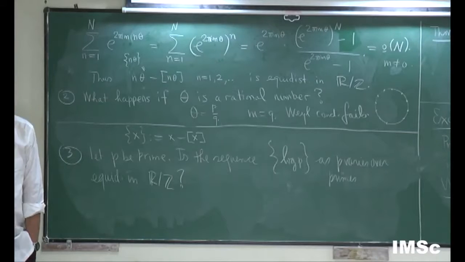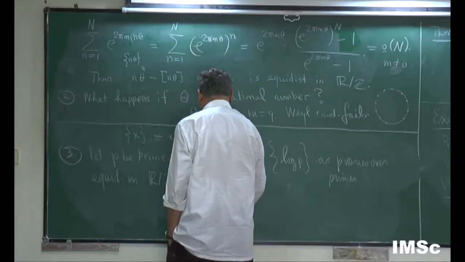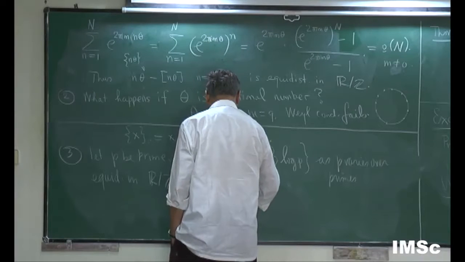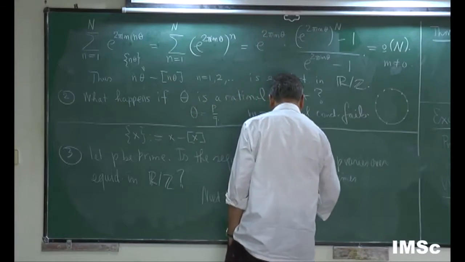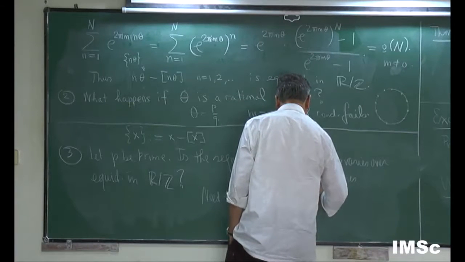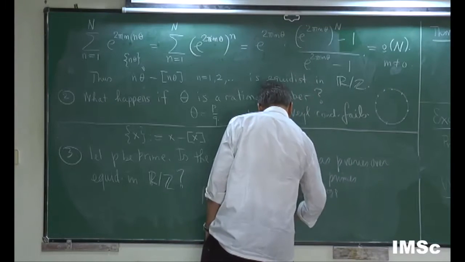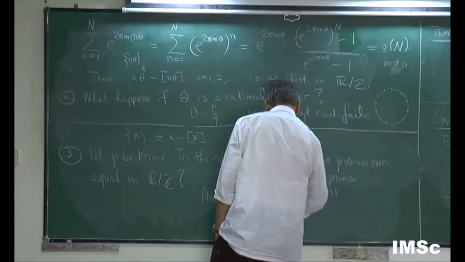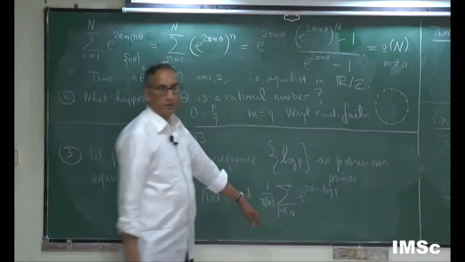Okay, so we have our famous Weyl criterion. We need to check, so the number of primes is pi of n, right?